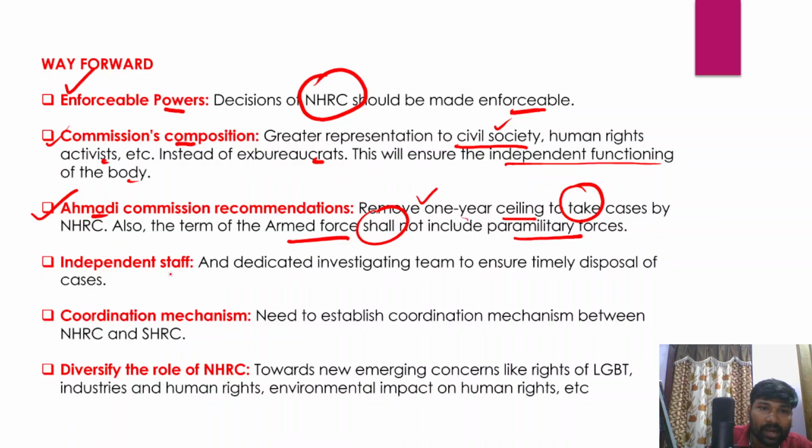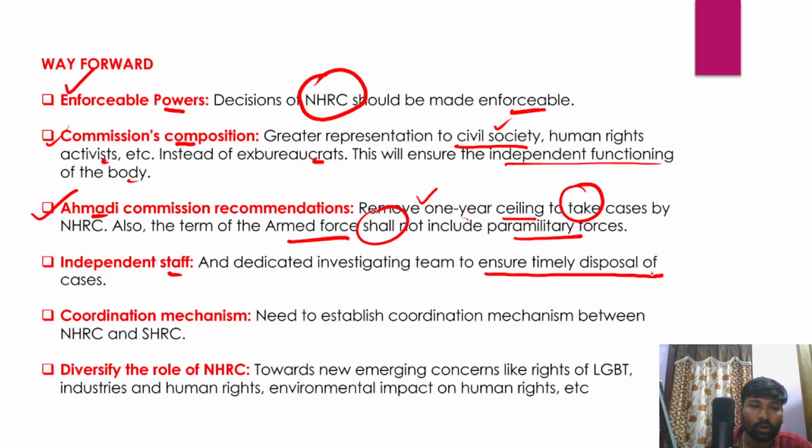And independent staff, so it should have an independent staff, more budgetary allocations, and more infrastructure, and that would further strengthen the National Human Rights Commission, right? That would also result in timely disposal of pending cases with the NHRC, because we have understood that there are more than 10,000 cases pending with the National Human Rights Commission.